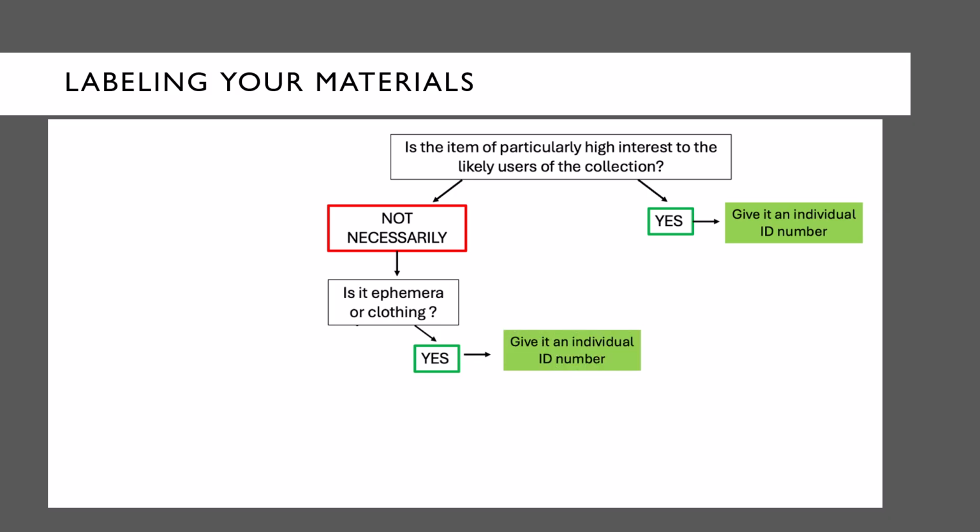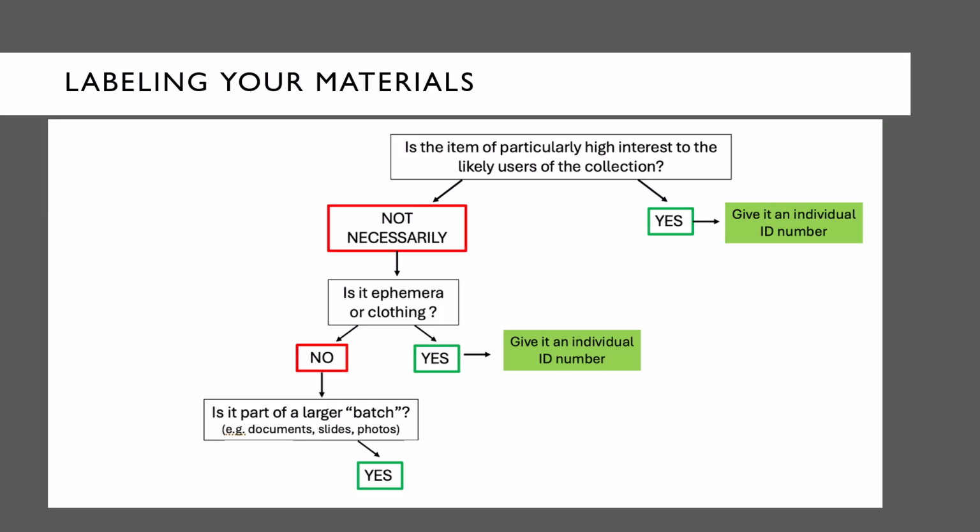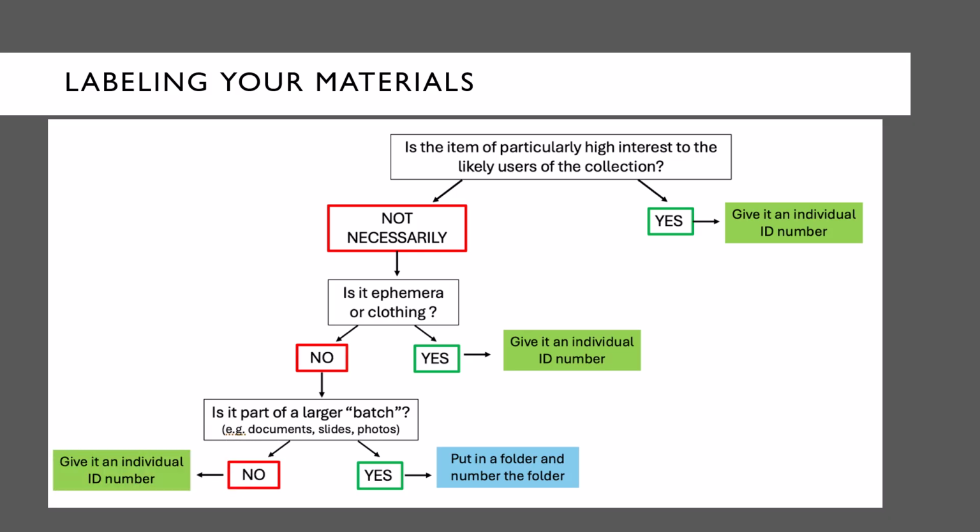If it was, then we gave it an individual ID number. If not, we next thought about, is it part of a larger batch of something, like documents or slides or photos? If yes, then we thought, put it in a folder and we'll give the folder a number. If not, then we gave it an individual ID number.